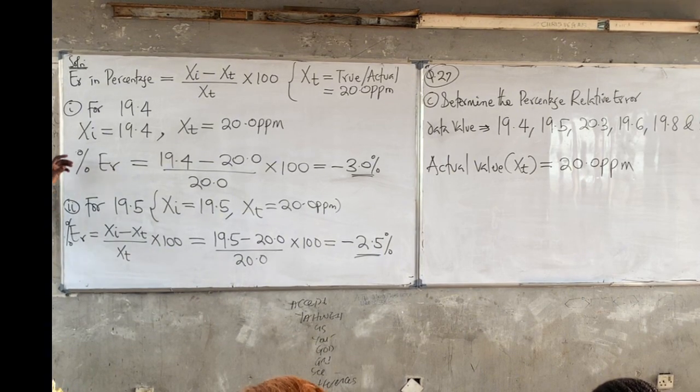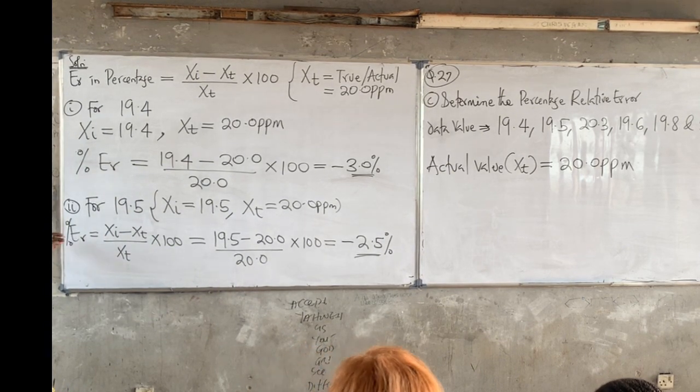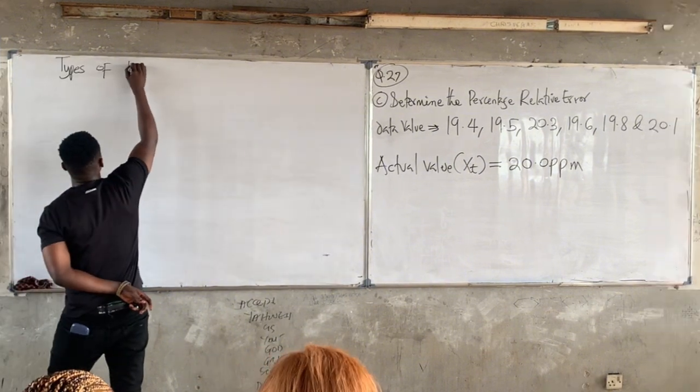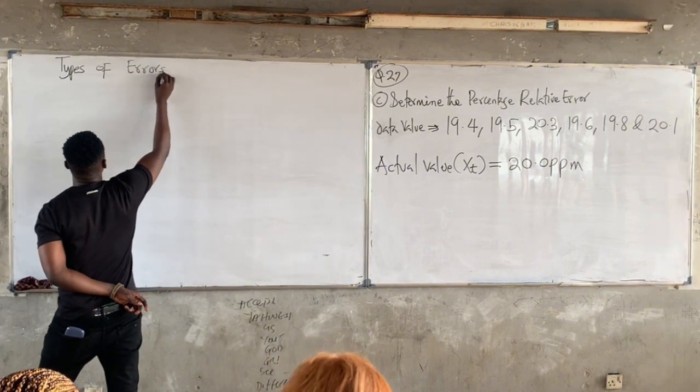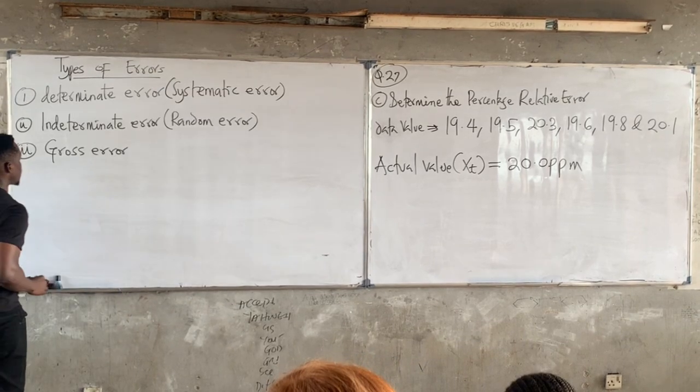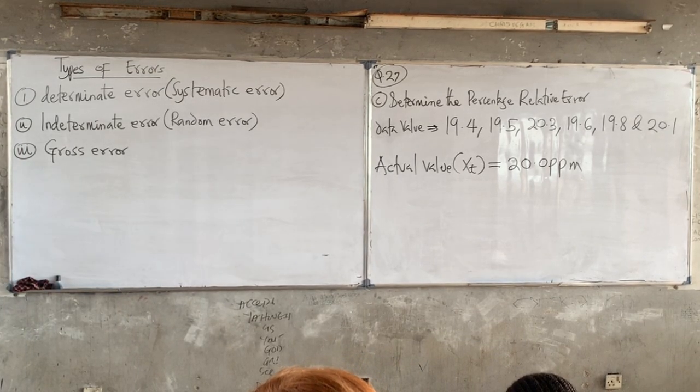So in exams, you do it for the first, the second, the third, up to the sixth, and that is it. We have the third one, gross error.